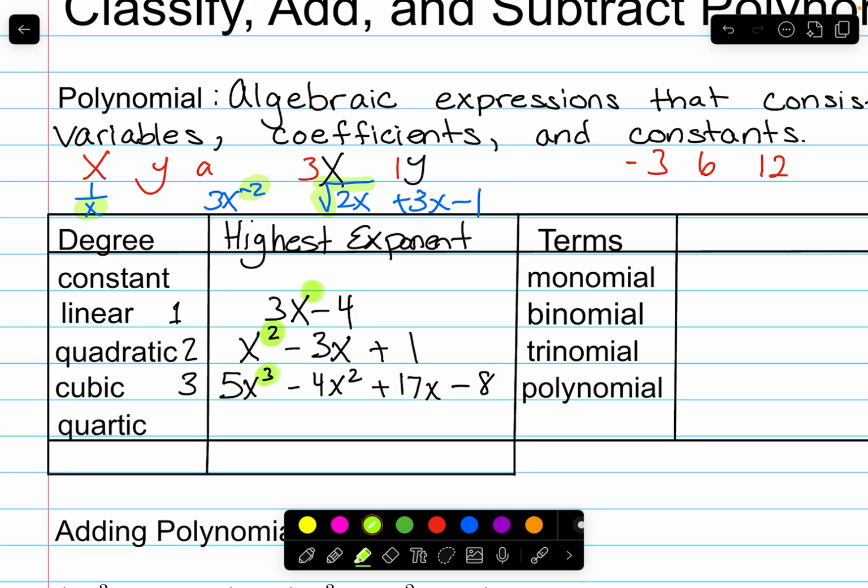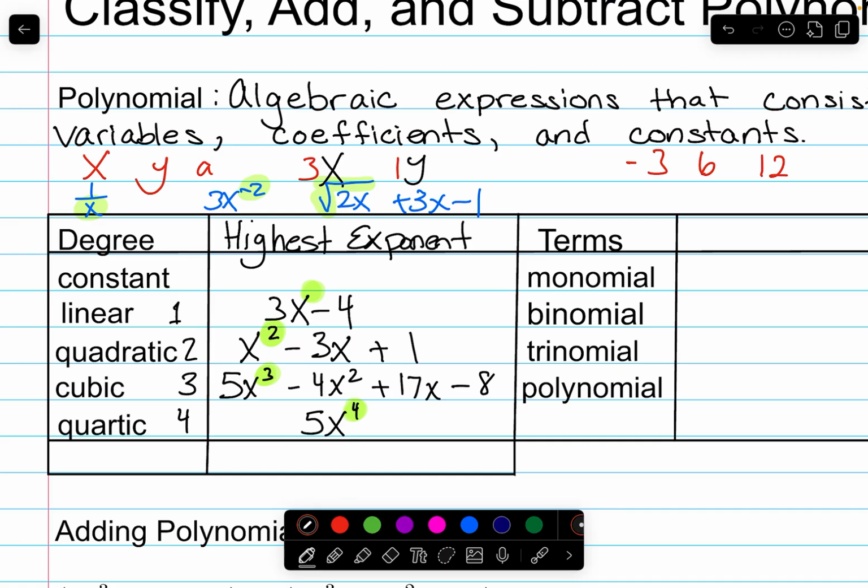The next step, after 3 comes 4, and that's a quartic. That can be something as simple as 5x to the 4th power. The highest exponent is 4, the only exponent we see there. Therefore, it's a quartic.